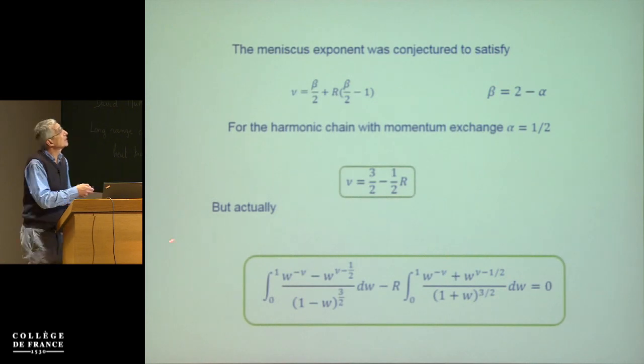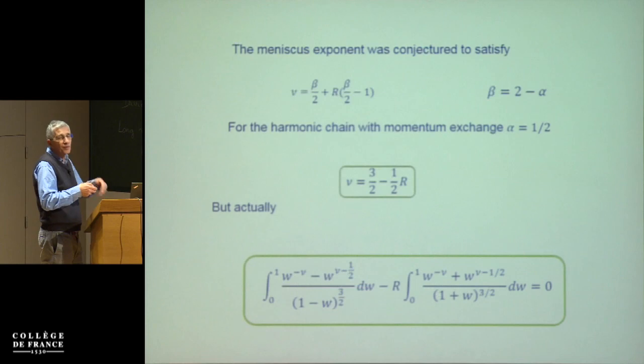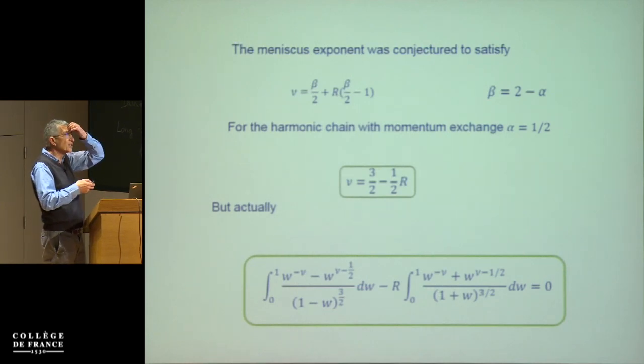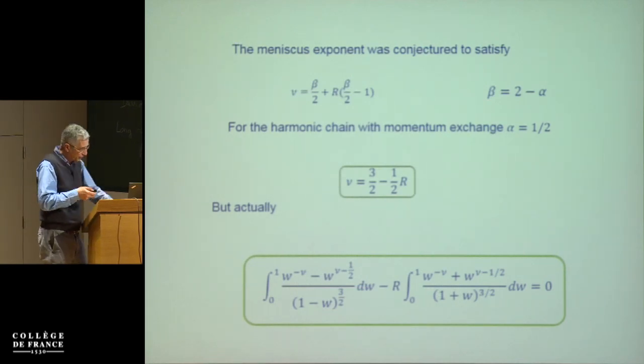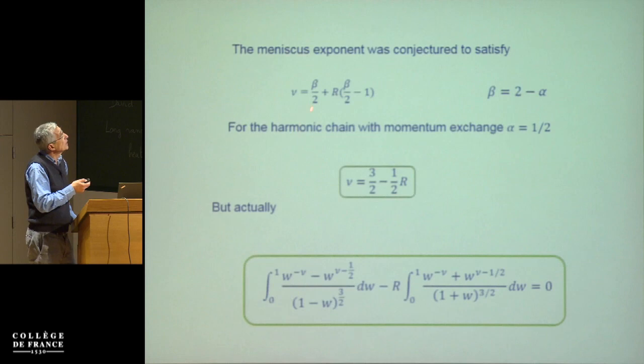So basically that, from which you can get the meniscus exponent. It was conjectured from the numerical simulations of Lepri, Politi, and Politi that the meniscus exponent should be related to the reflection coefficient in this way. It's a linear relation.